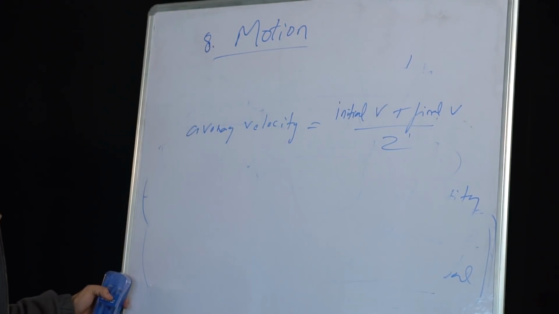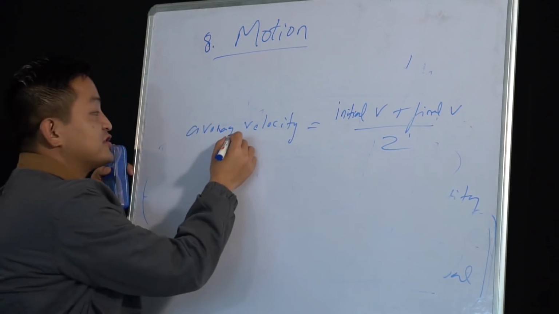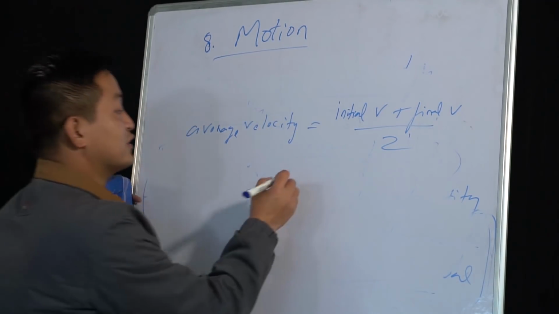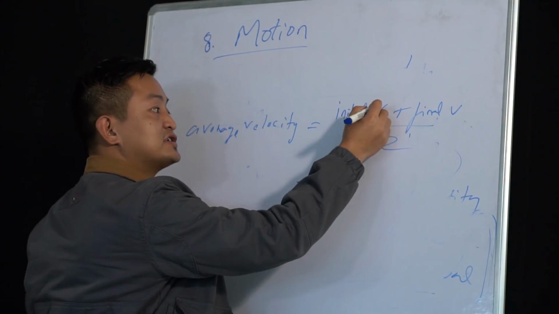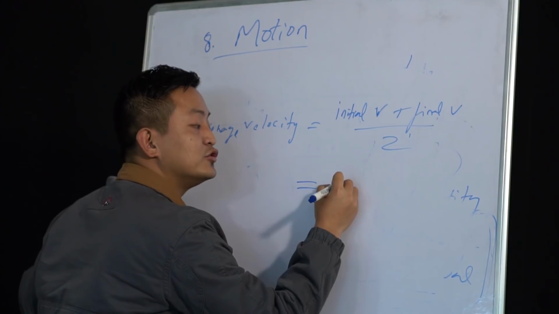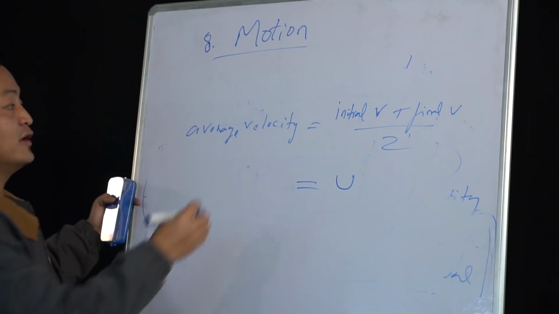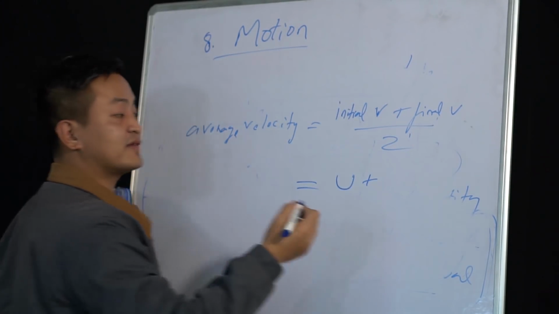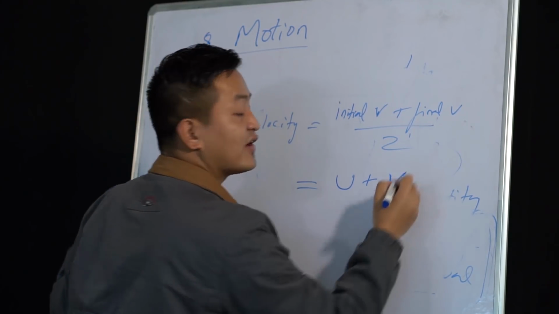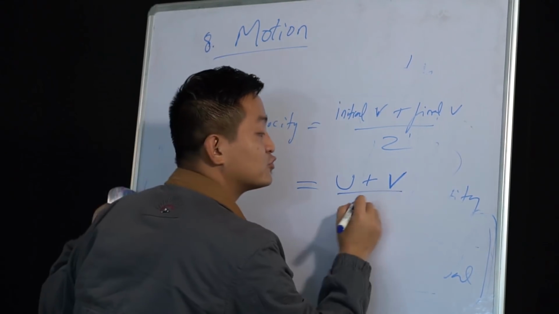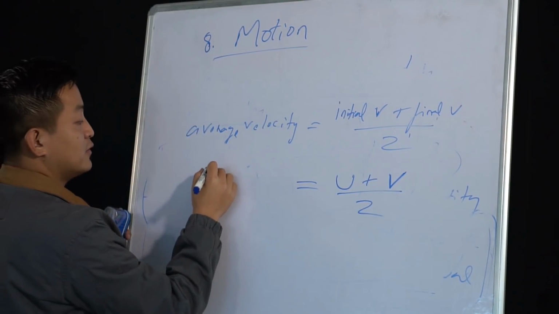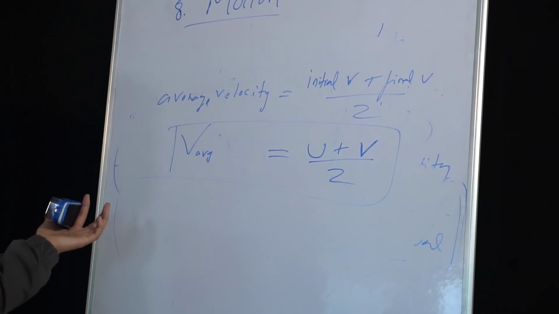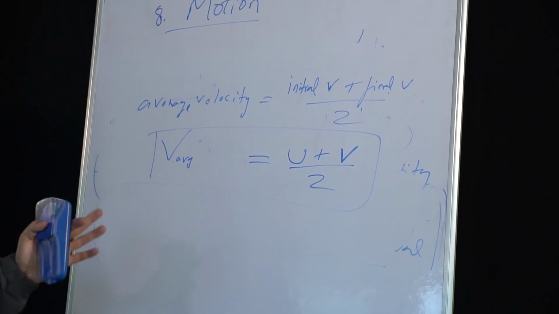It will be the arithmetic mean. Initial velocity is always represented by u, like in umbrella, and the final velocity is represented by v, like in violet. So this is the formula for average velocity in case of uniform velocity.